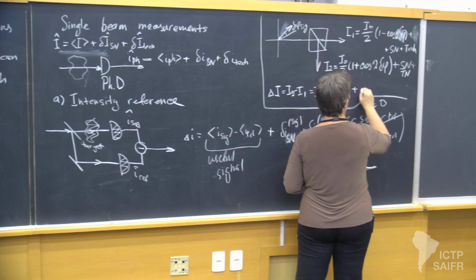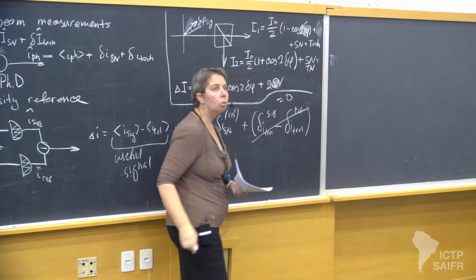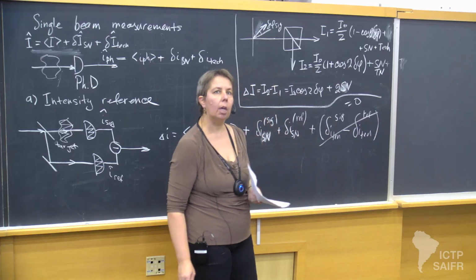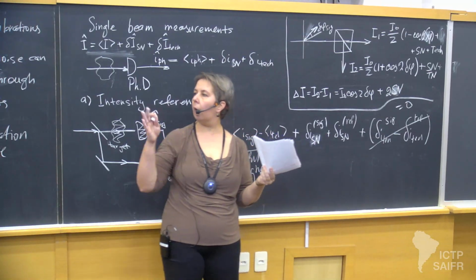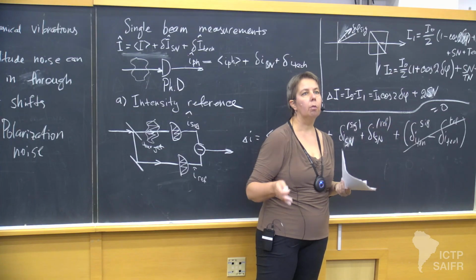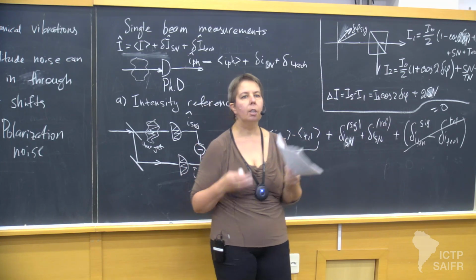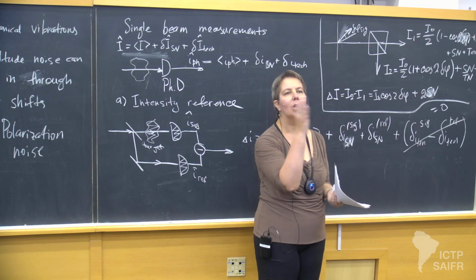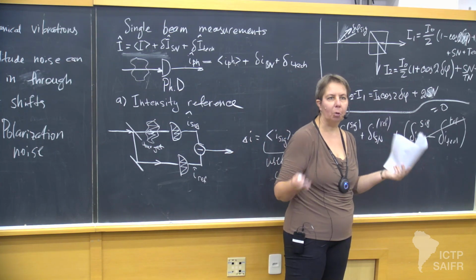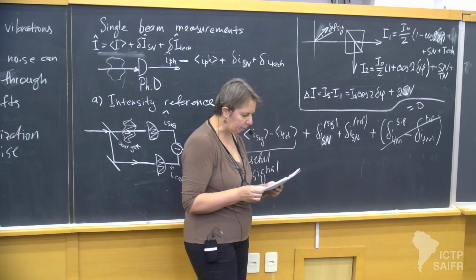As usual, you will have basically a double shot noise because these two fields are separate. And you may be able to get rid of some of the technical noises. So again, if you have the amplitude noise on your fields, it's going to cancel out because it will give you the same background. Unfortunately, if you have a polarization noise, that's not going to cancel out because it's basically going to mimic your signals again. So you will need to employ some other strategy or try to stabilize your polarization for that.